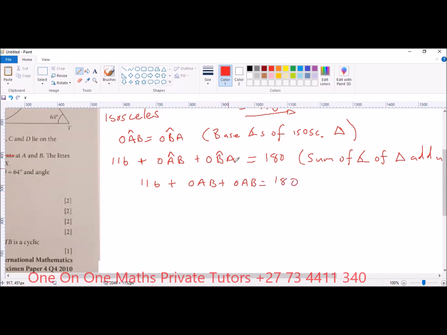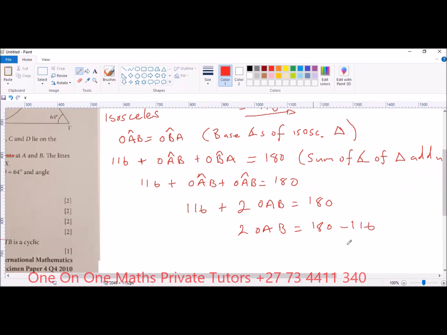If they are the same, this is the same as that. Okay, 116 plus 2, let's not forget the caps, OAB is equal to 180.